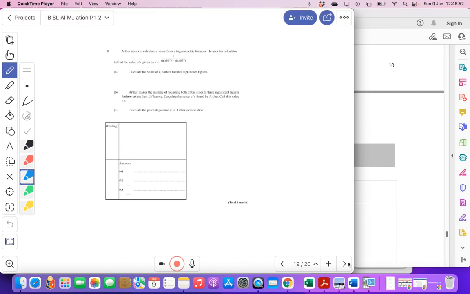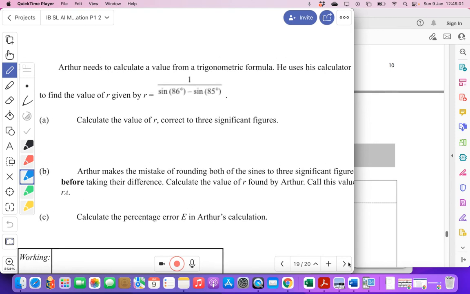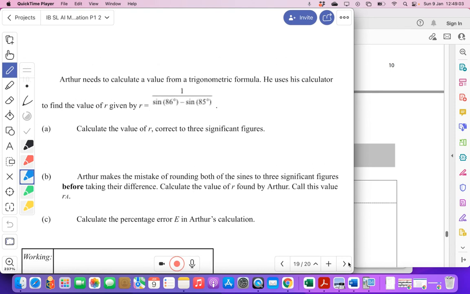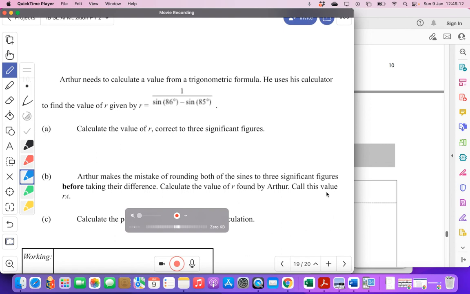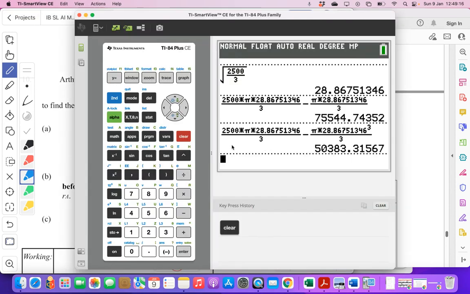And this is the last question. So we're asked to find the value of R using this trigonometric formula, and we want to find it correct to 3 decimal places. So this is just a calculator question. Can you use your calculator correctly to find that value?